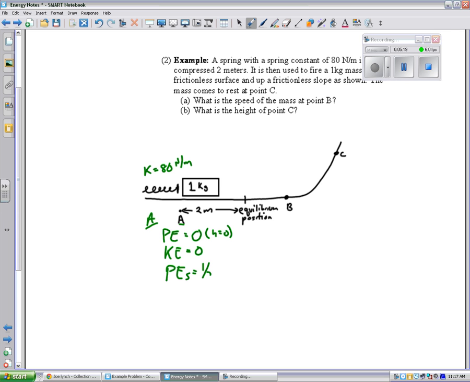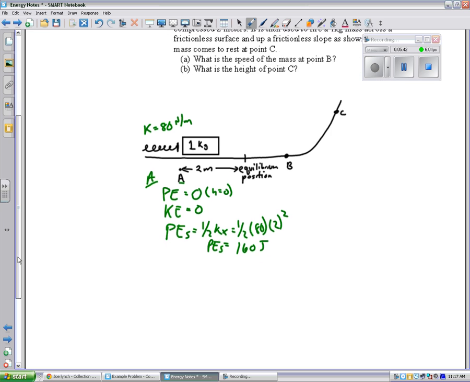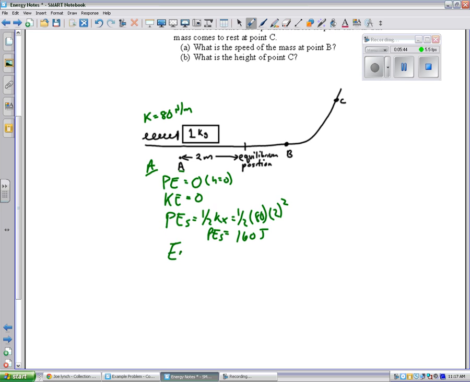So it's 1/2 kx squared. That's 1/2 times k was 80, x is the distance it's compressed, so that's 2. I have to square that. And that gives me a PES of 160 joules. And then I find my total energy, and that's going to be 160 joules.